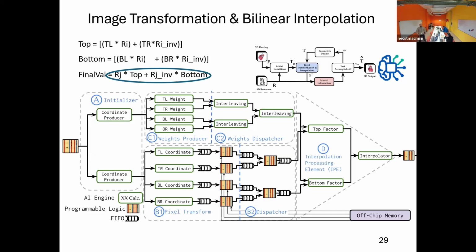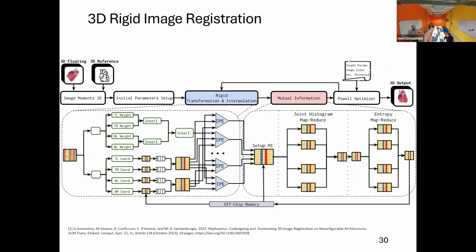We have floating point computations, we have multiplications, a lot of pixels combined together. This means that we need to be able to scale this. And we can scale it up to 52 interpolation processing elements working in parallel and giving the output of this interpolation to the mutual information kernel that performs 3D mutual information computation.